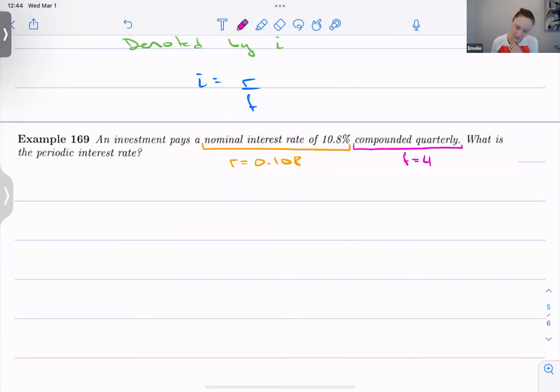And so it's really useful to have that table that we introduced memorized. What's the periodic interest rate? We want to know what I is.